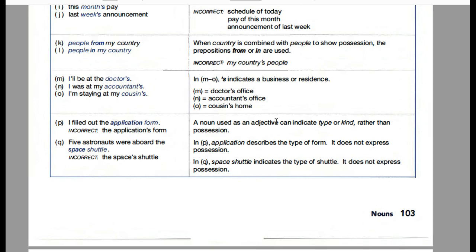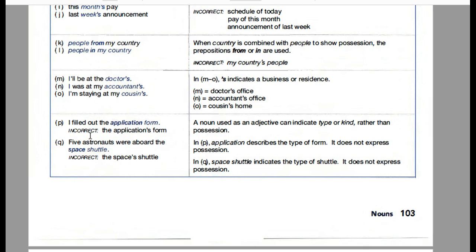The application usually means for many, and it's not for possession because it's used for many people. Here application is like an adjective, or a type of kind. The application form is not used by only one, it can be for others, and that's why we keep it the same here. I filled out the application without any kind of possession.